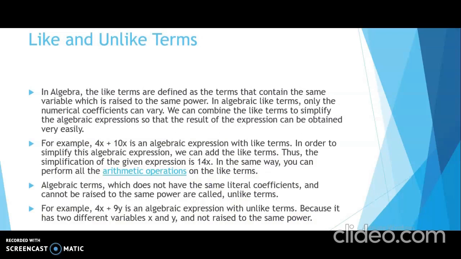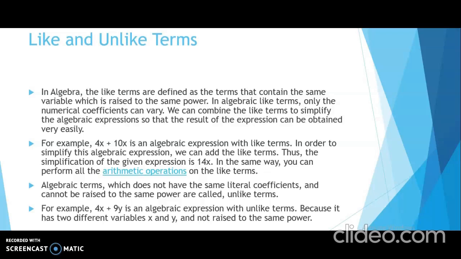So, in algebra, like terms are defined as the terms that contain the same variable which is raised to the same power. Why am I telling you power here? You will learn this further in exponents and powers actually. See, power is basically the square, x square and all that, x cube, all that is written on the top, and I'm telling it in your language guys.